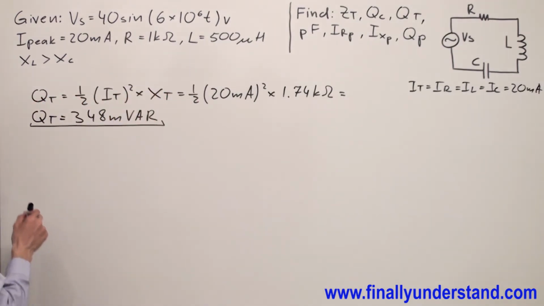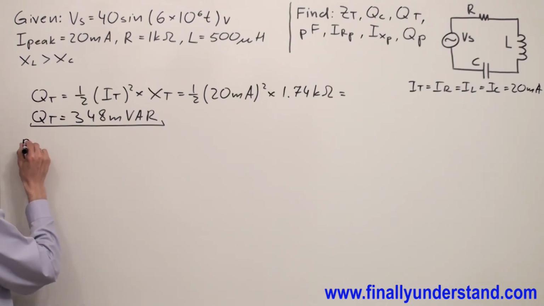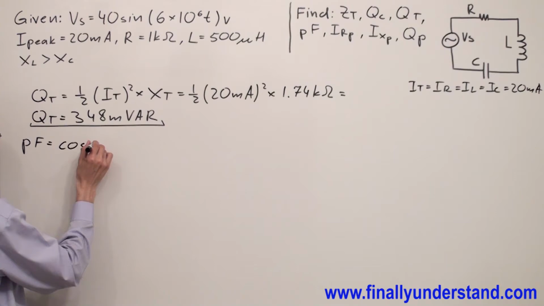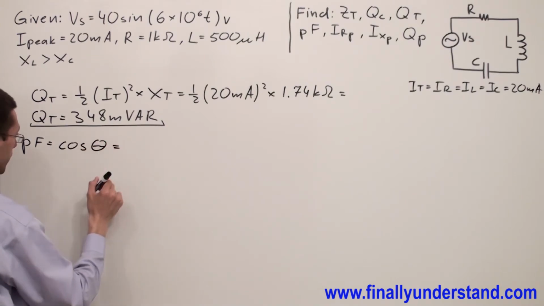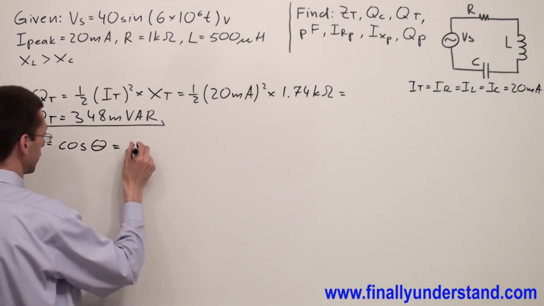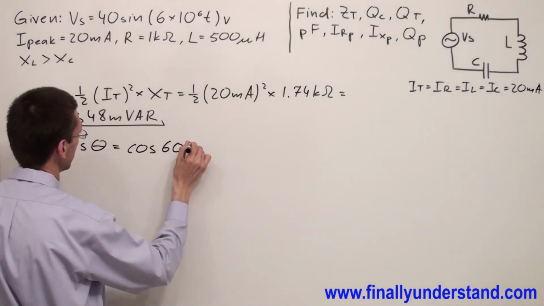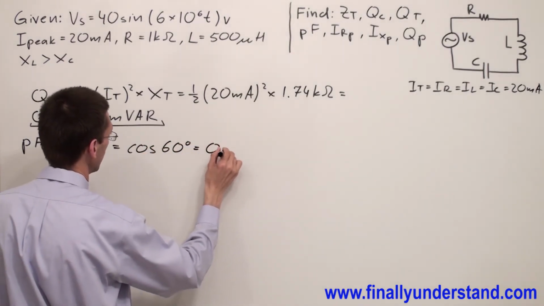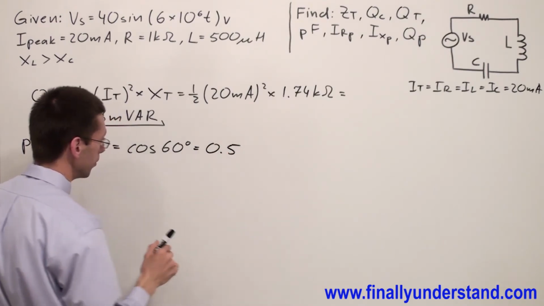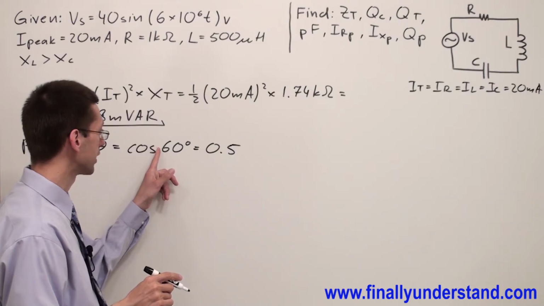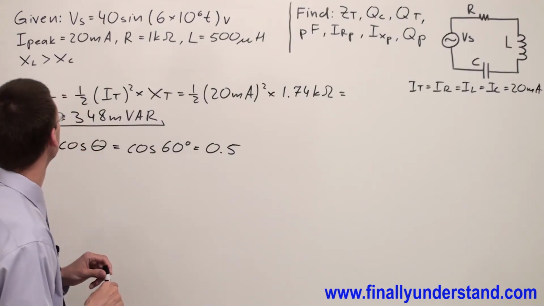Now we can find the power factor. Power factor is equal to cosine of angle theta. So I have cosine of angle 60 degrees, which is equal to 0.5. But please notice that the angle has a positive sign, right?